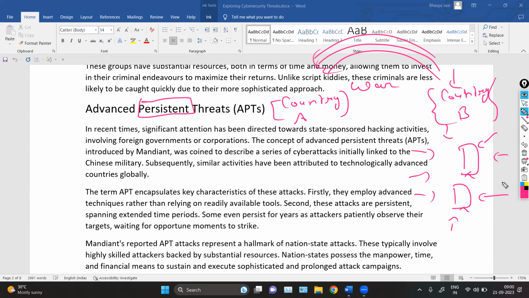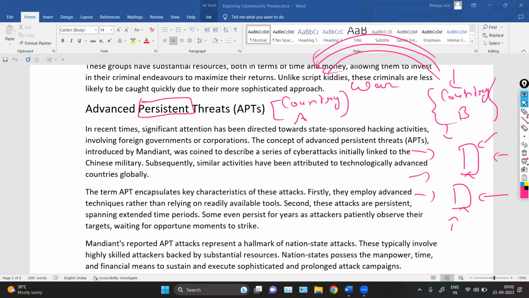So that is a persistent connection, which is gaining long-term access. Whatever strategy country B creates, whatever they change, whatever different methods they use, country A will keep on spying on country B with the help of the persistent connection only. So I hope this is clear. Persistence only means gaining long-term access inside any system or any target.